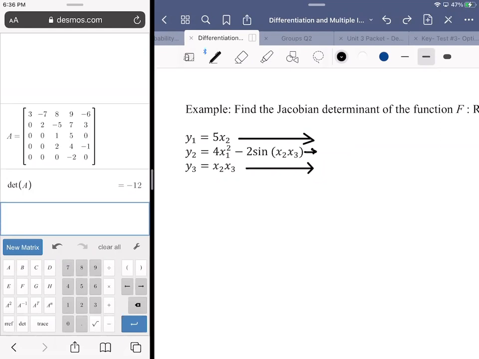So we're looking for the partial y1 with respect to x1, partial y1 with respect to x2, partial y1, sorry, still y1, with respect to x3. And then just to save myself from myself, I'm going to do some copy pasting here.